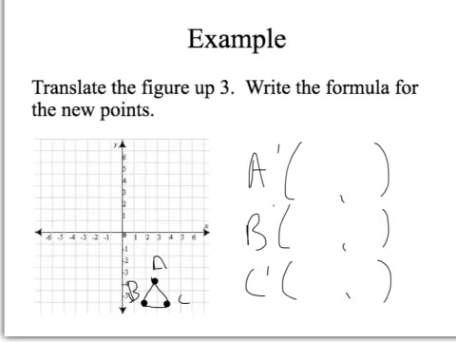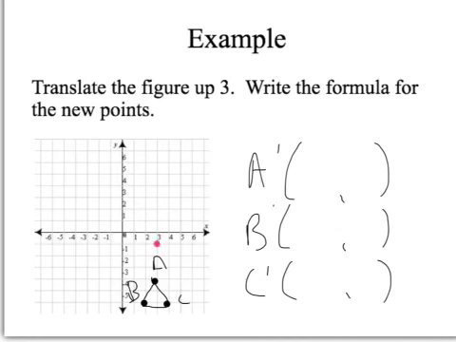So for example 1, we want to translate the figure up 3. What that means is we want to take each one of the 3 points and move it up 3 units. So my A is right here. If I move it up 3, it's going to be at 3, -1.